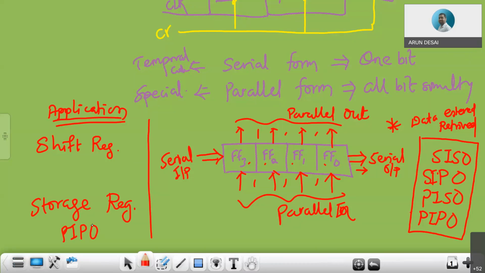All the others, that means serial in serial out, serial in parallel out, and parallel in serial out, are all shift registers available with us. And parallel in and parallel out is only the storage register. So this is the classification available with us.